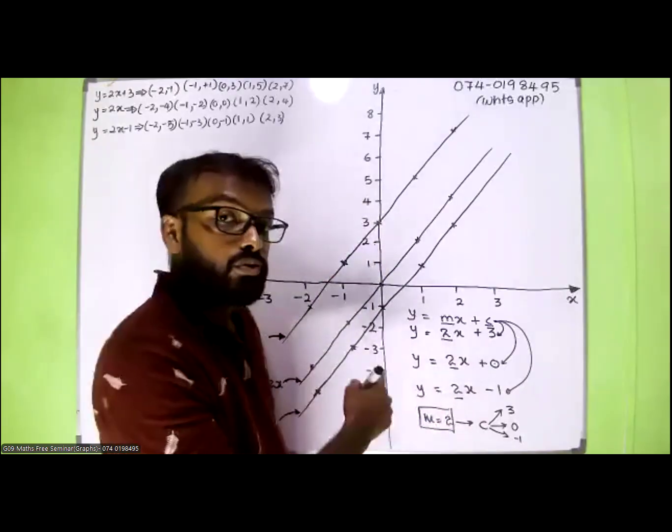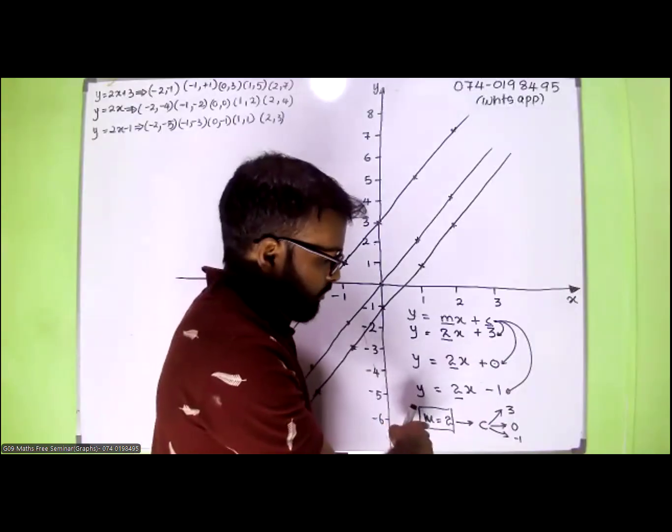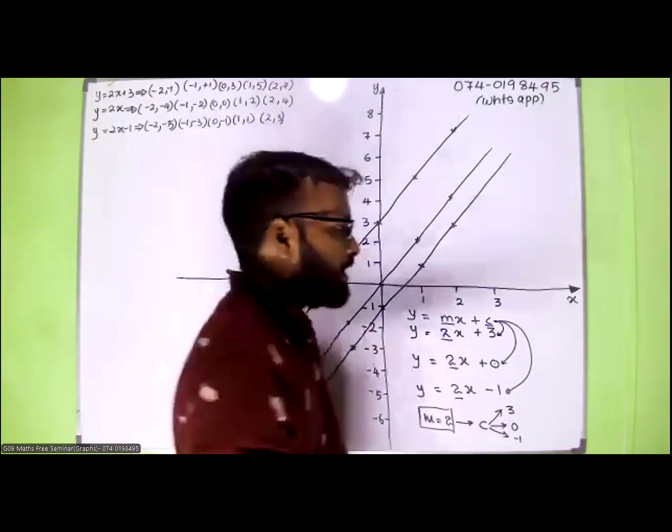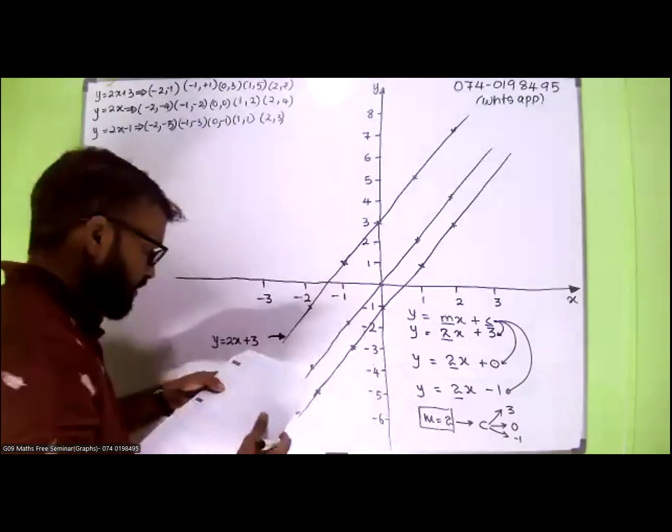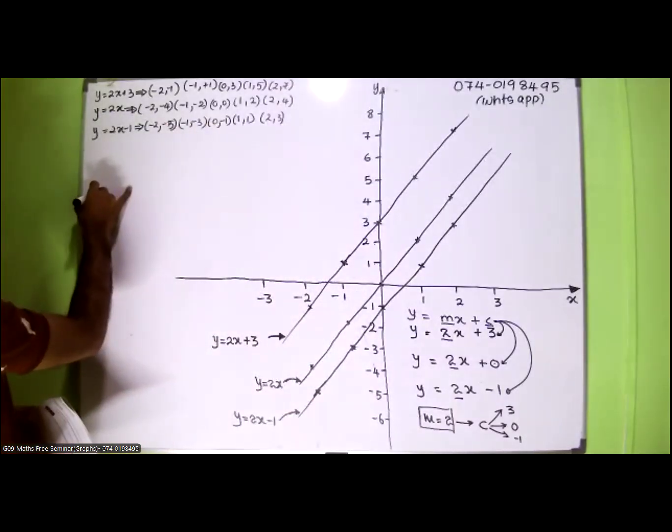If the gradient of a given function does not change, those lines are parallel. Please write it, very important, under example number 1.